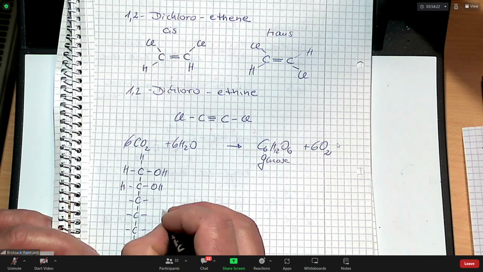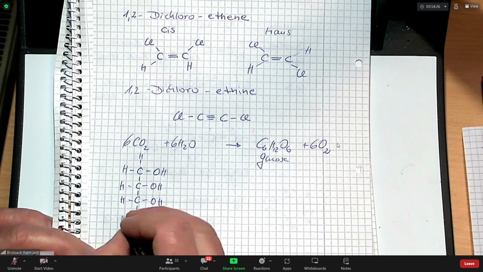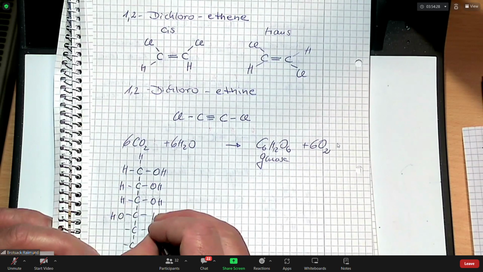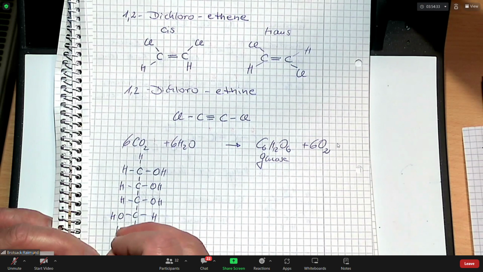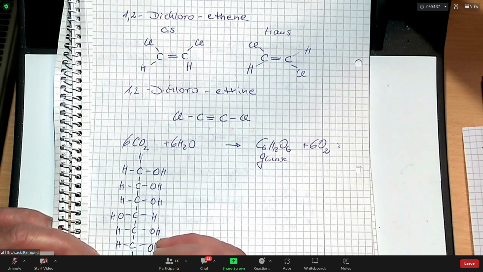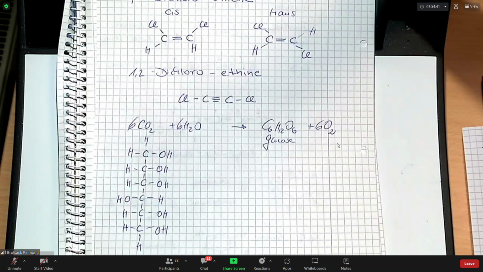If you look at it, we have an optical center in this molecule, or even more.